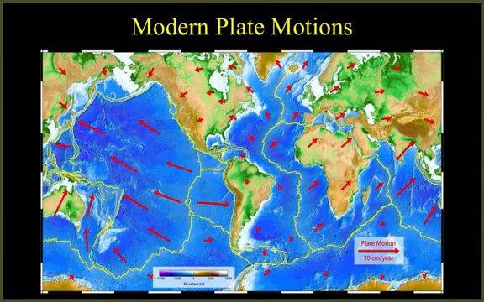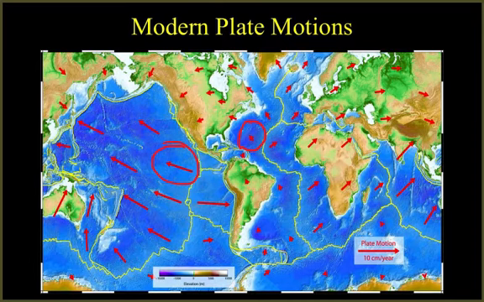And what you see here are arrows indicating the direction of movement. Let's say the Pacific plate there, that is moving west-northwest. And the arrow is quite long. That indicates the plate is moving faster than, say, the North American plate over here in the Western Atlantic.